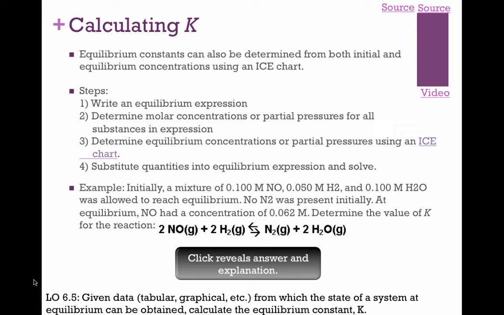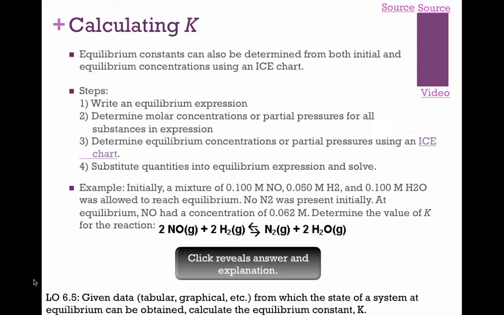Now we could actually find x here. Right? Just make an algebraic expression. Because first, what's 0.1 minus 0.062? 0.038 equals 2x. What's x? 0.019. So that means this is minus 0.038 minus 0.038 plus 0.019 plus 0.038.